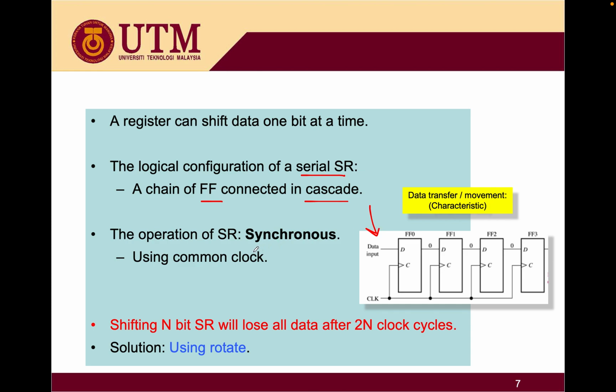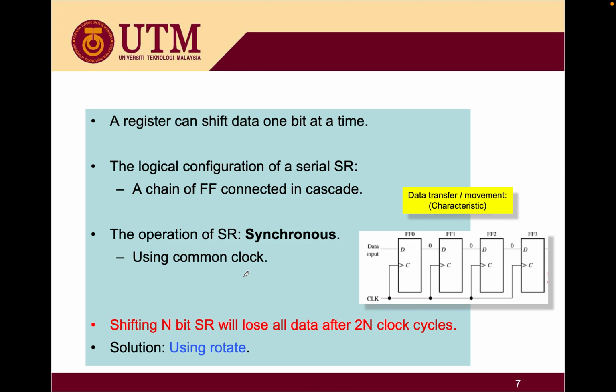The operation of SR is synchronous. Remember synchronous means you have a similar clock connected to all the flip-flops, so only one source of clock. You can see this is the same clock, the same clock, and the same clock, using a common clock.